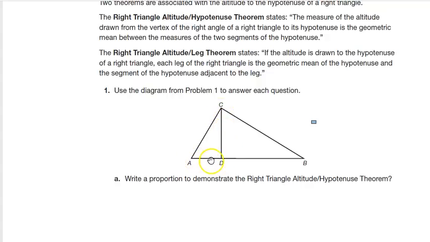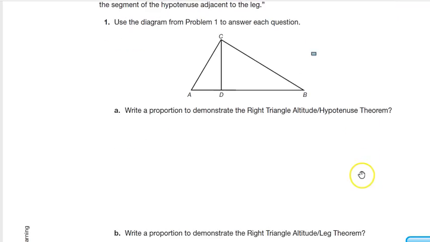And once you've done that, you can set a ratio: the mean divided by this side is equal to this side divided by the mean. Okay, that's how that'll work.